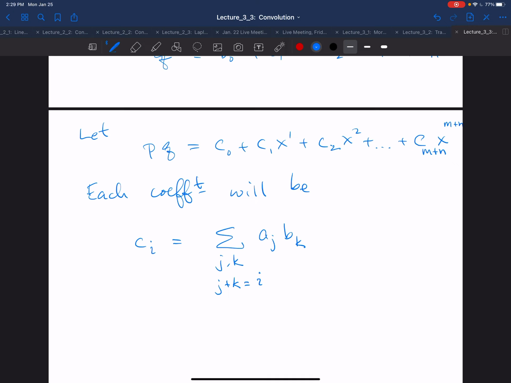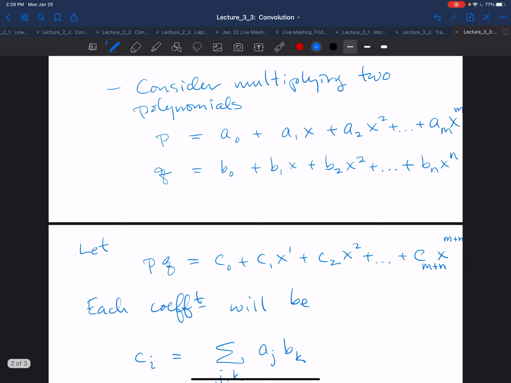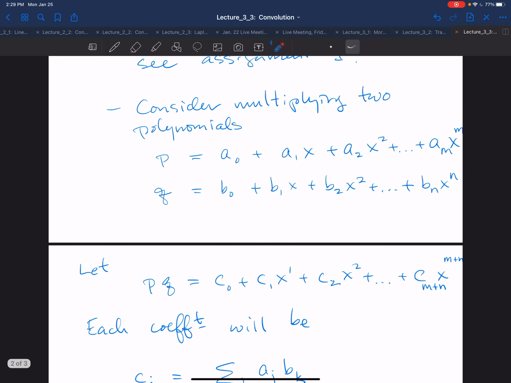If we want to see what the quadratic term is, what this coefficient C2 is, well, we know that that's going to include a0 times b2, because the term a0 times b2 x squared will give us a quadratic term. But so will a1 x times b1 x, so we will also want to take the product of a1 and b1.